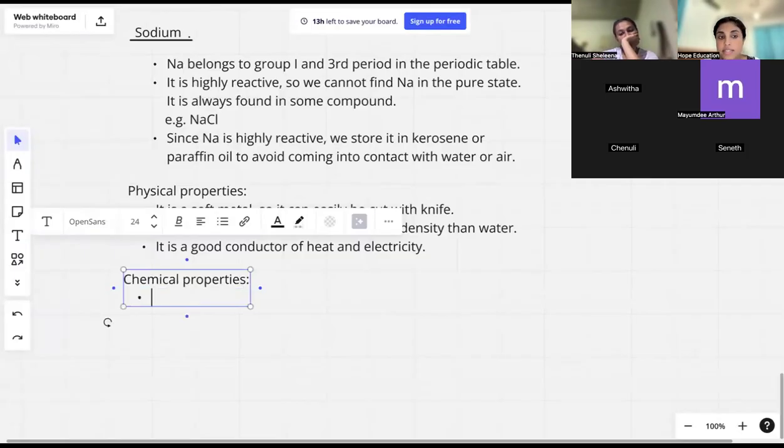So what happens is, as I told you earlier, sodium is stored in paraffin or kerosene, and as soon as you take it out, it will react with the oxygen in the atmosphere.